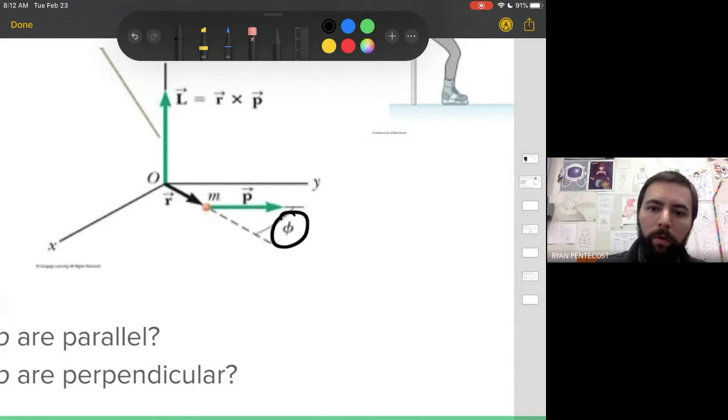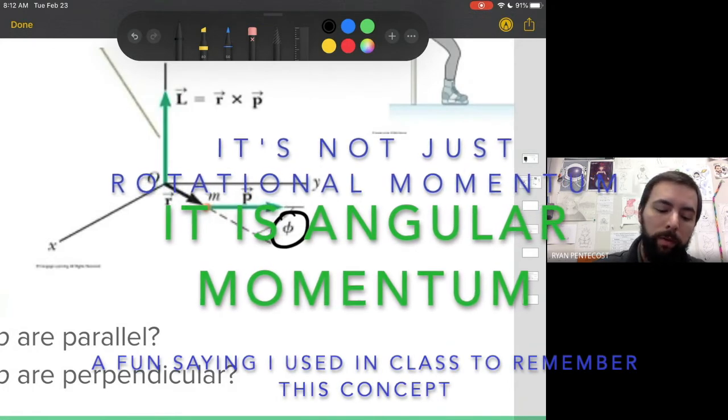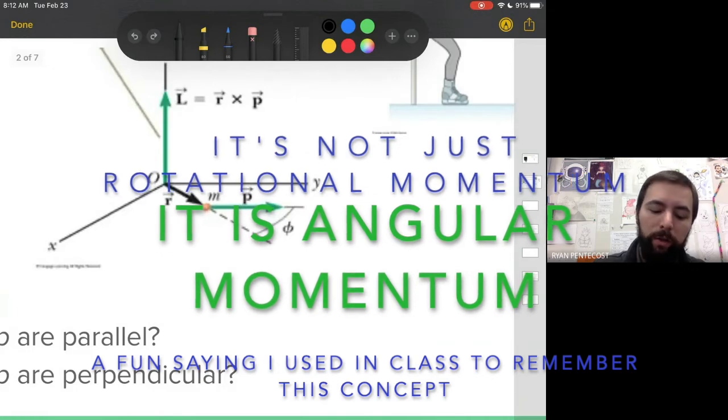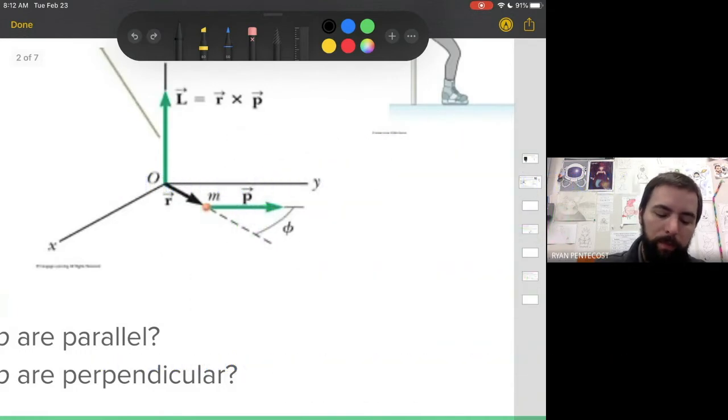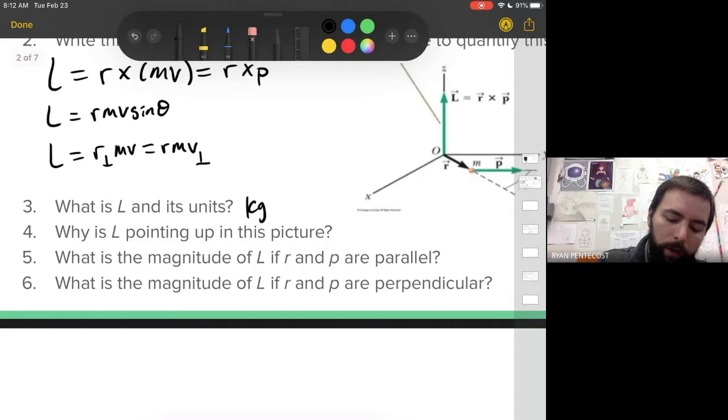If your radius and your momentum are parallel, no angular momentum. But as long as there is an angle between the two, you have angular momentum. So it's not just about rotation anymore. But is it usually a rotation that you're talking about with angular momentum? And the units for this are kilogram meters squared per second.